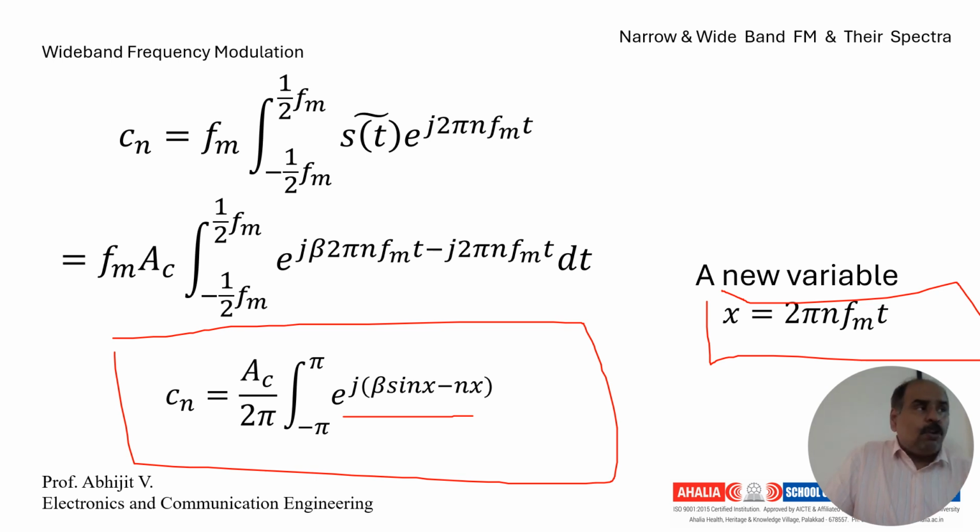In engineering mathematics, you might have studied Bessel's function. How many of you remember that? Do you remember what Bessel's function is? Anybody? Here we are going to see a practical application of Bessel's functions. So this is how a Bessel's function might look.